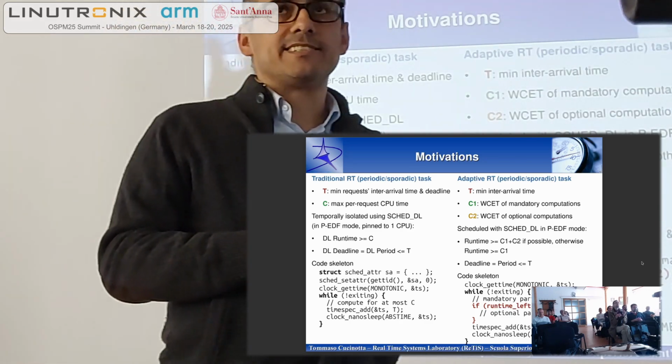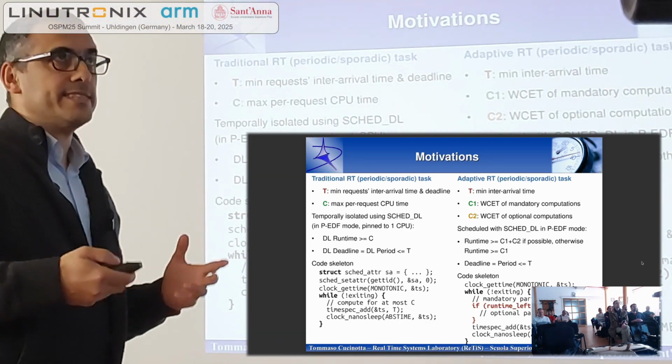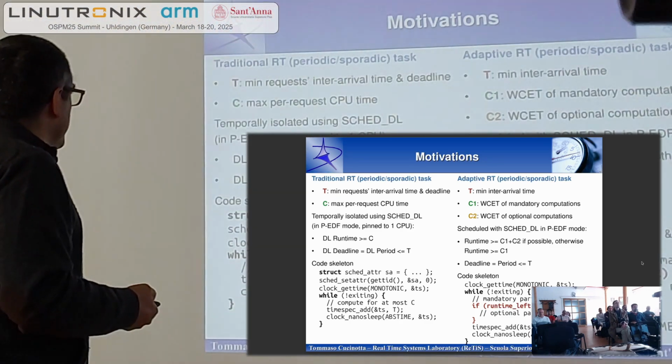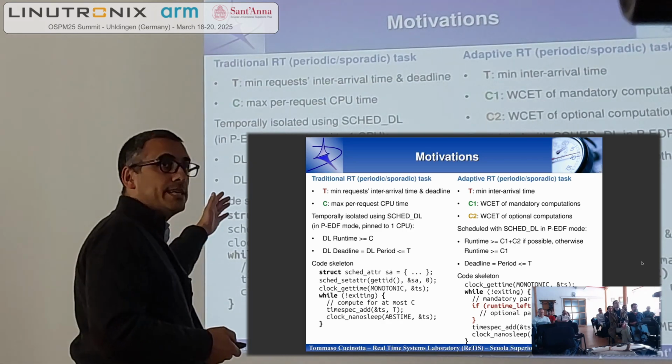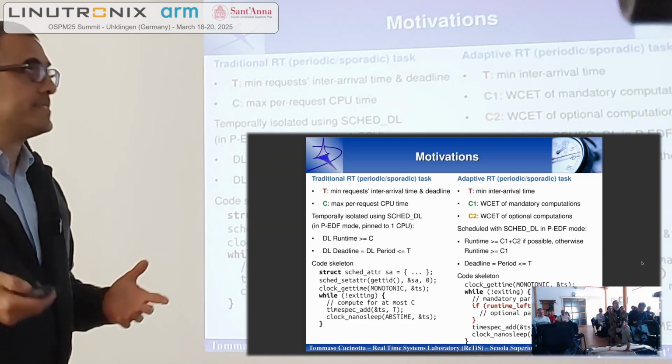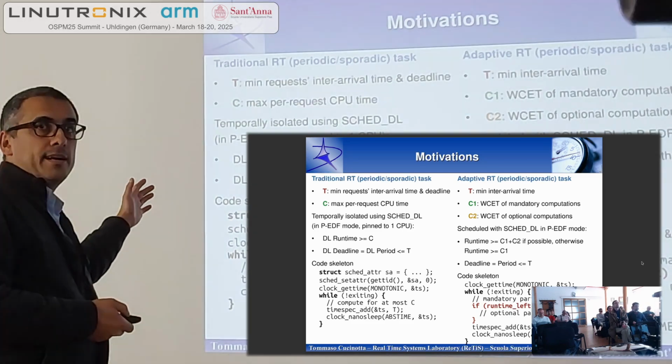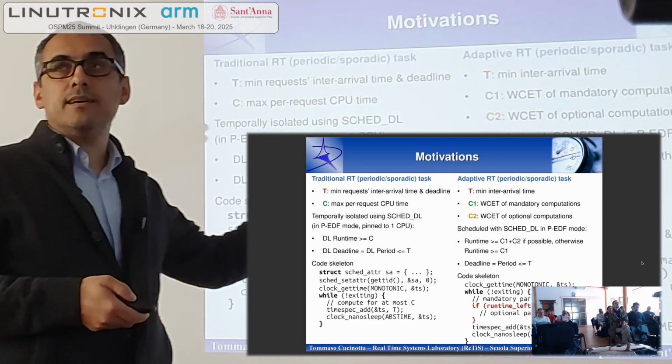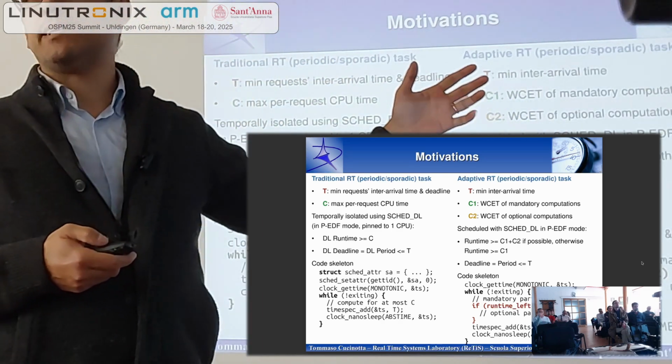So in classical real-time processing tasks, we have periodic or sporadic tasks where you should know the worst case execution time of your task and the minimum activation periodicity of your task.